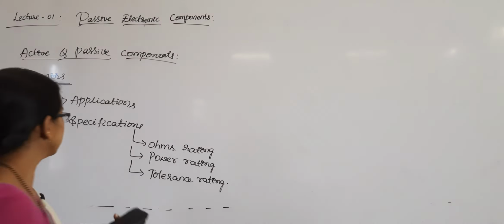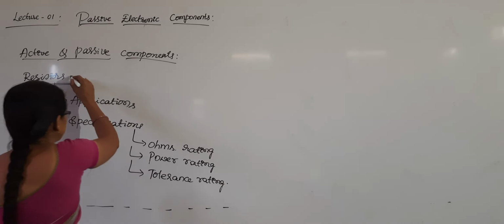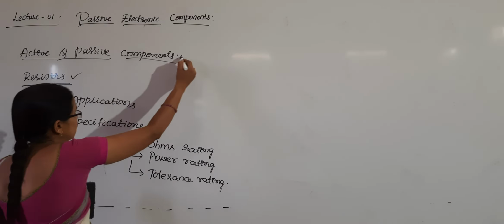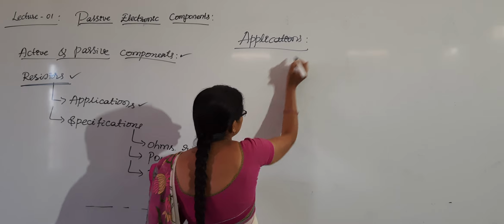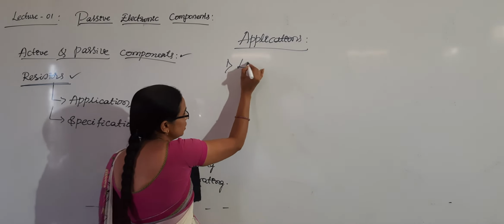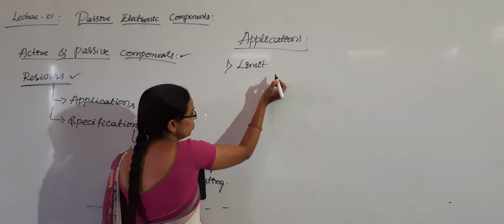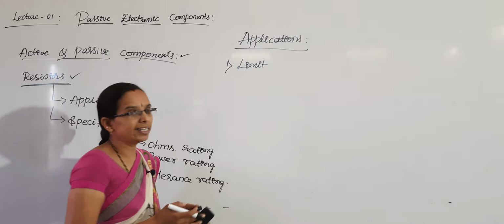Next is applications of resistors. Resistors we have completed, active and passive components we have completed, now applications of resistor. You can easily tell the applications of resistor. First one is, it is used where the current should be limited.